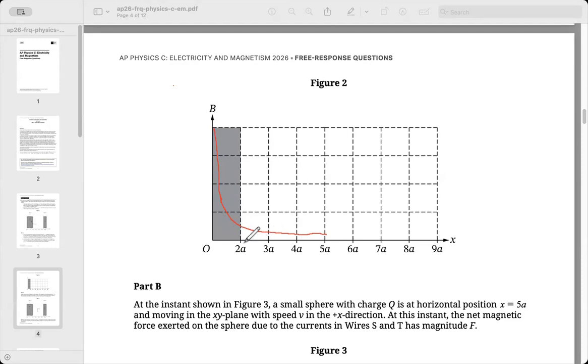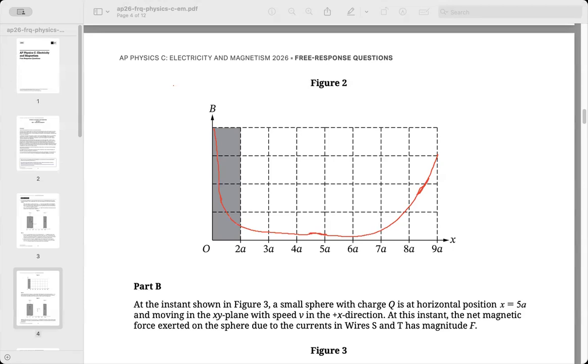So we would expect something like this. It's not going to go up to infinity at 9A yet, because the central axis of the wire is located at 10A. So it should look something like this.